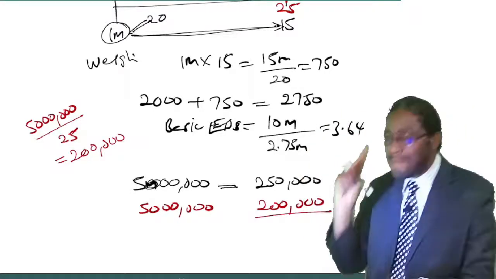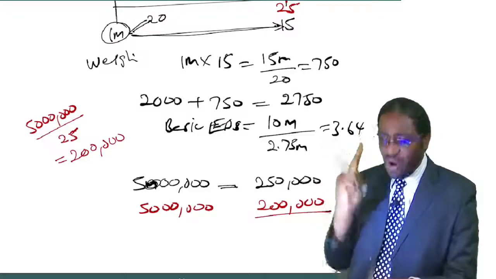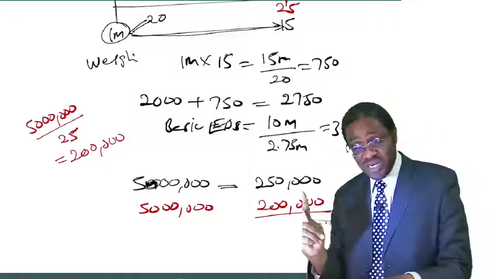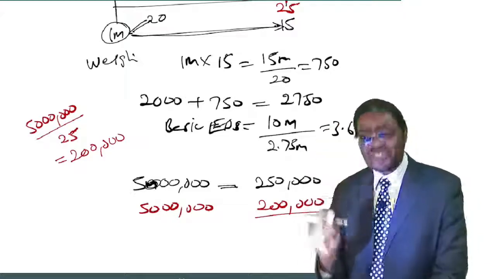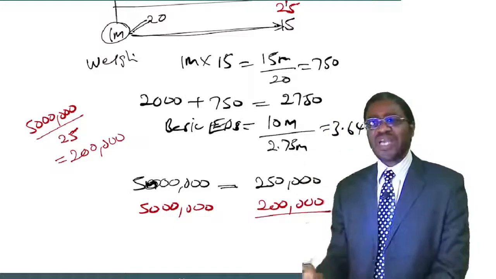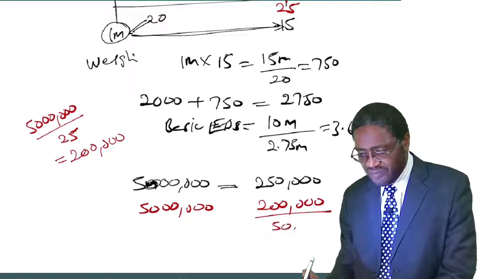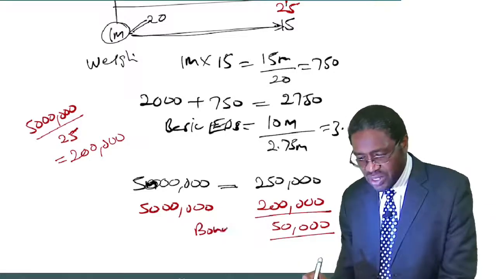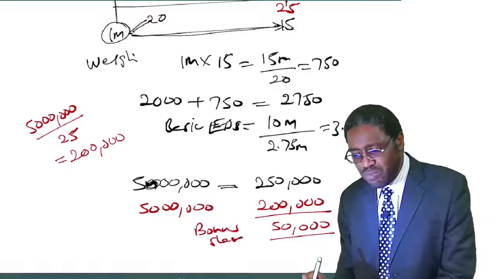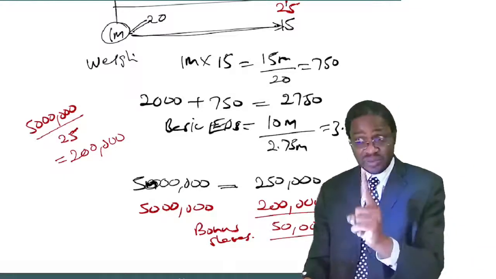But their money will only be enough to buy how many? 200. So it is obvious, out of 250 I'm going to give them, it's like I'm giving them how many for free? It's like I'm giving them another 50,000 shares for free. Those 50,000 are the ones we are going to consider as bonus shares for free. Listen, for free.